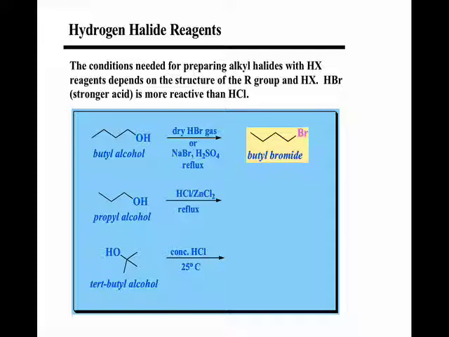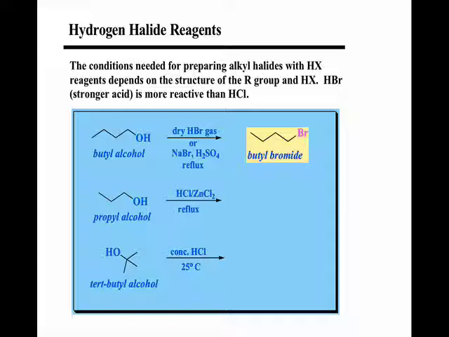Now notice it says dry HBr gas or sodium bromide and sulfuric acid at reflux. What happens if you take sodium bromide, I mean it's a salt, and we kind of sprinkle it into sulfuric acid? What would happen? You get hydrogen bromide. That's exactly right. So both of these are actually hydrogen bromide, okay?